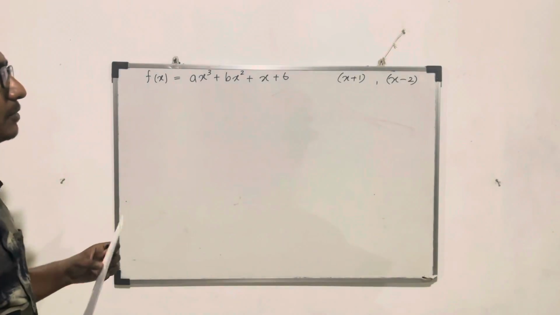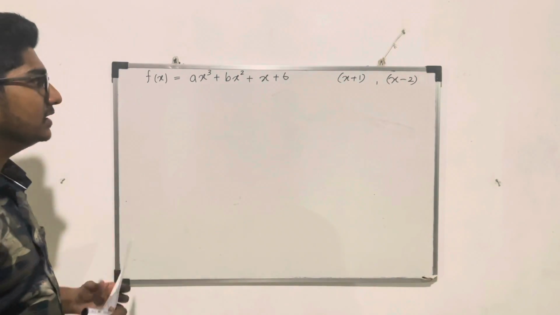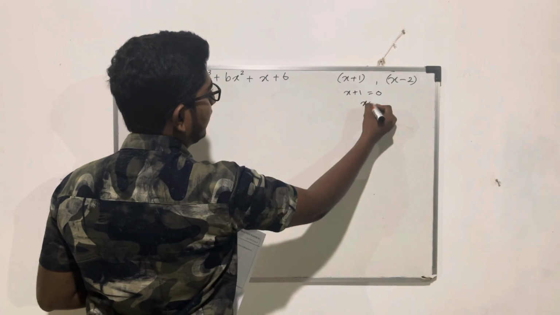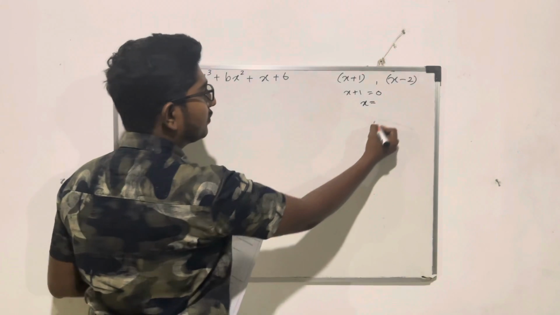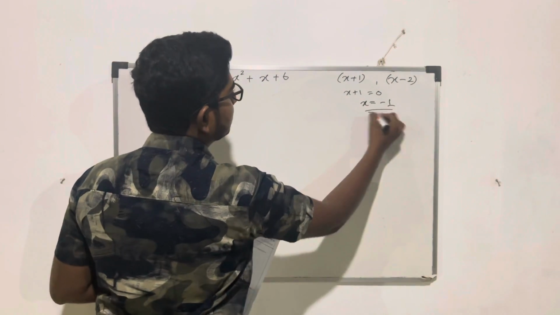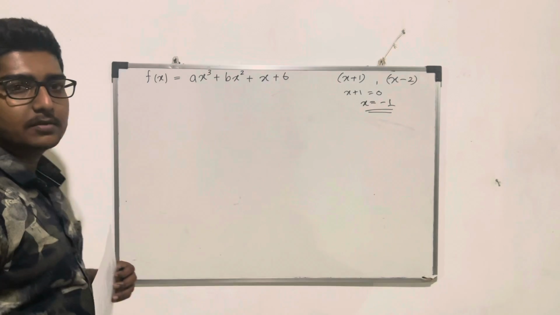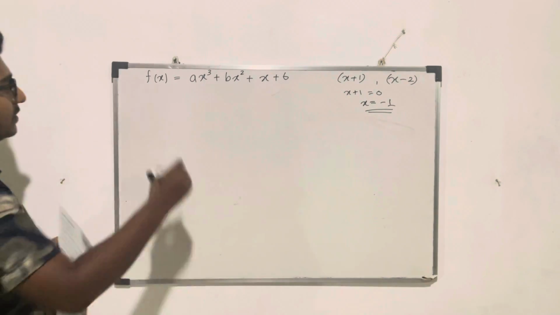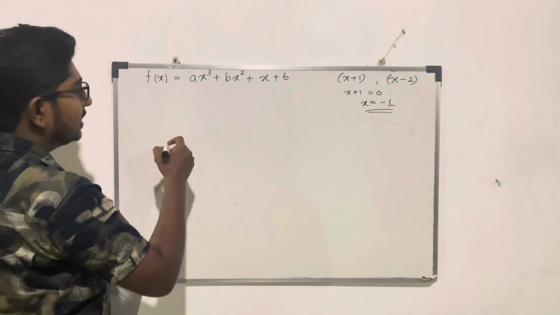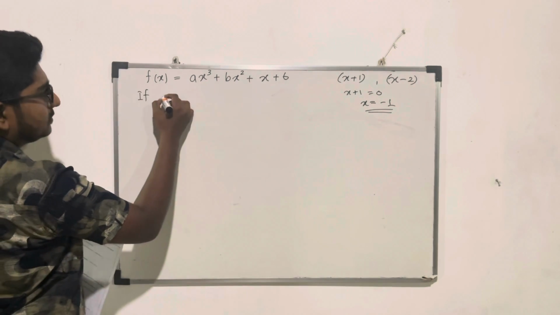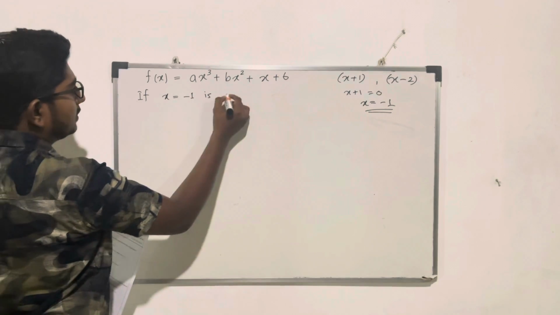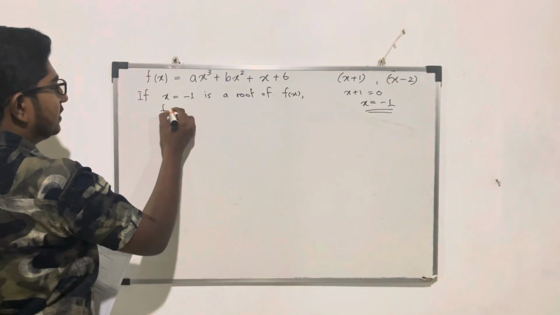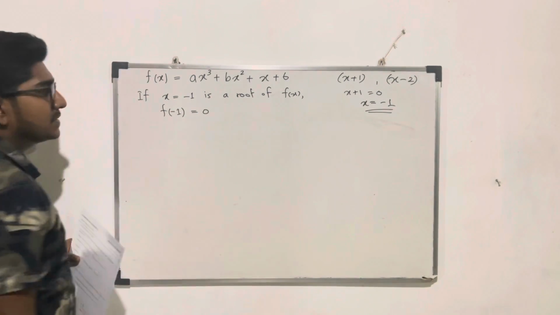So we know for a polynomial, if x plus 1 is a factor, we can equate this factor to 0 and find the root. That means the value of x is minus 1. Therefore x equals minus 1 is a root of this polynomial. Then from the theorem we know, if x equals minus 1 is a root of f of x, then f of minus 1 becomes 0.